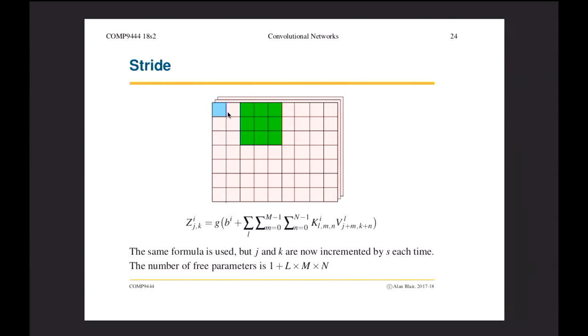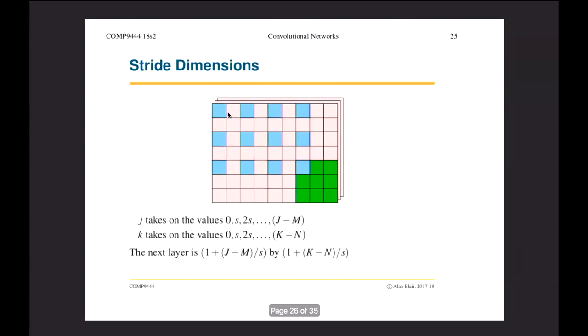So here, every time we slide the filter over by 2 pixels, and what happens is that the next layer becomes smaller than the original. It shrinks by a factor of s approximately compared to the original image or the previous layer.